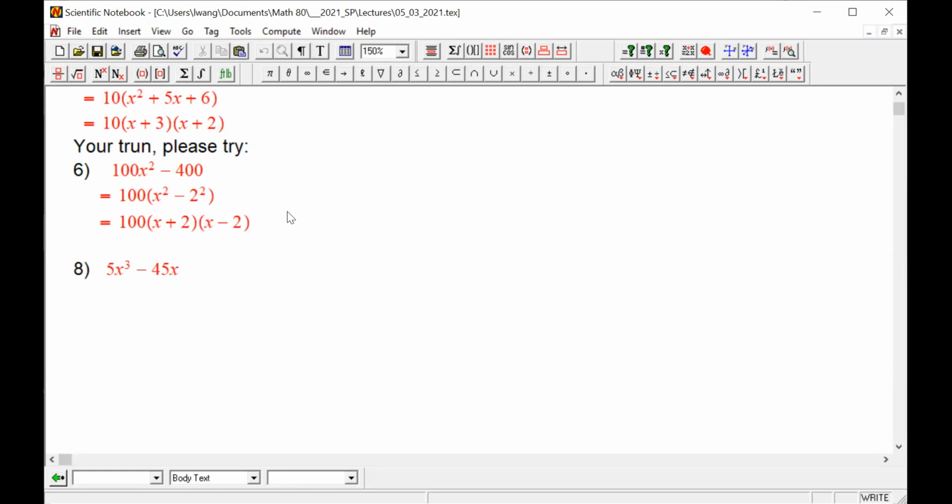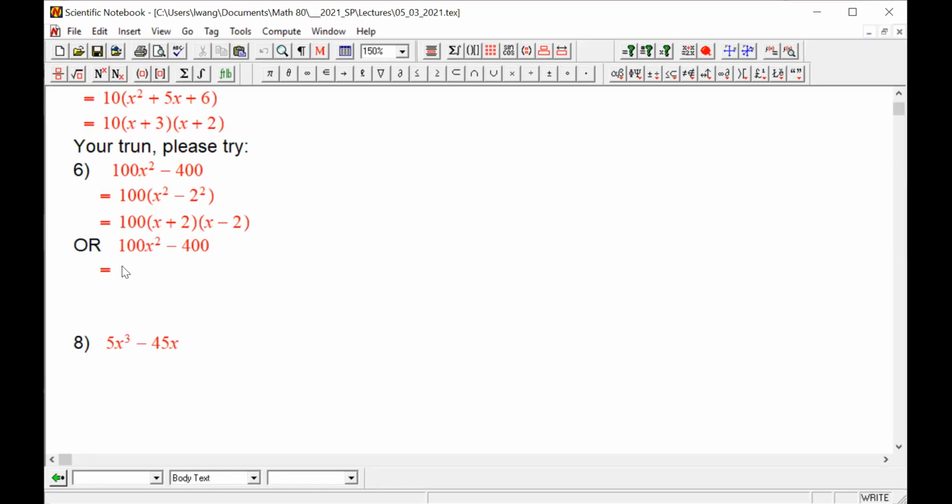And you can also do it this way if you want. I do like the first way though, it's just a little simpler. But if you do it this way, you still get the same answer.